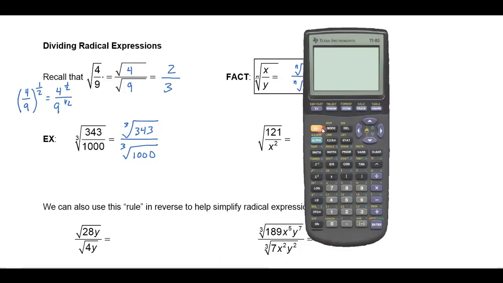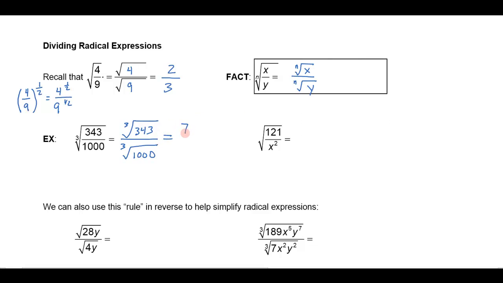Now in my calculator here, in the math menu, here's my cube root button, number 4, and the cube root of 343 is 7. Okay? And the cube root of 1,000, that's 10 times 10 times 10, that gives you 1,000, so the cube root of 1,000 is 10.